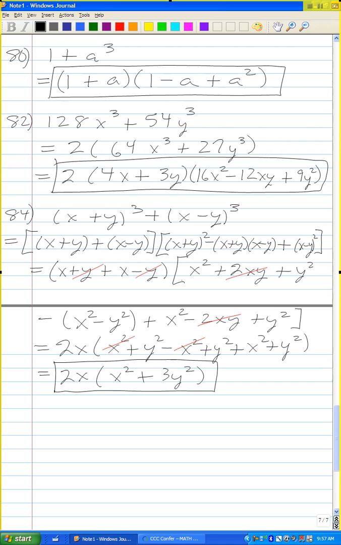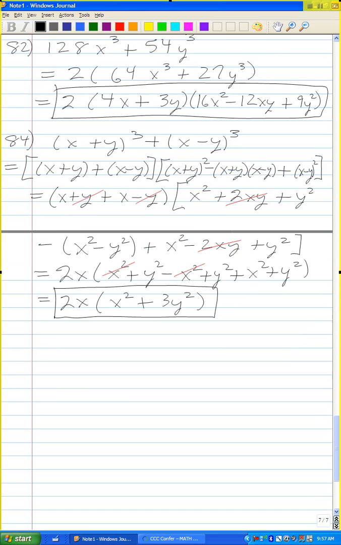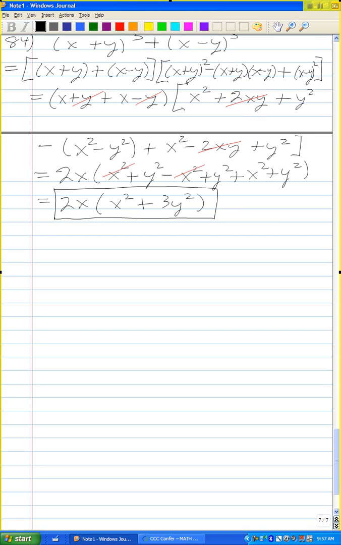Let me do problem number 85. 8x to the 6 plus 64y to the 6. So what's in common is an 8. What remains is x to the 6 plus 8y to the 6. So this is a sum of cubes. Cube root of x to the 6 is x squared. Bring down the plus.